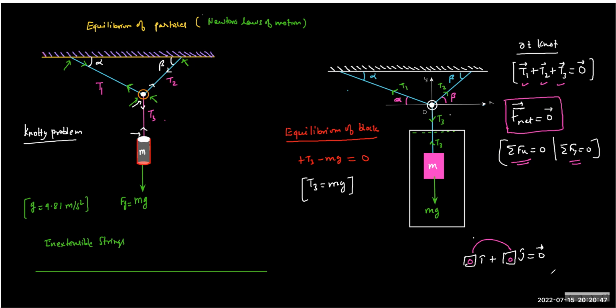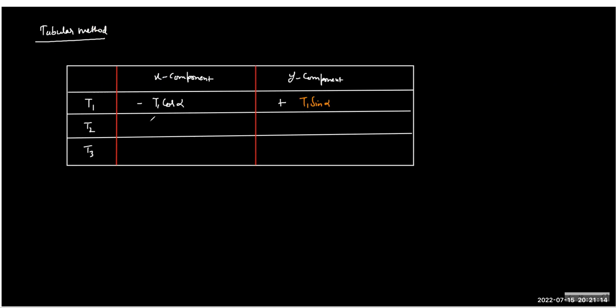Both will be positive. Can you tell me what I should write for X and what I should write for Y? What is the X component of T2 in the X direction? T2 cos beta. Correct. In the Y component? T2 sin beta. Excellent. So I am just writing T2 cos beta and T2 sin beta.